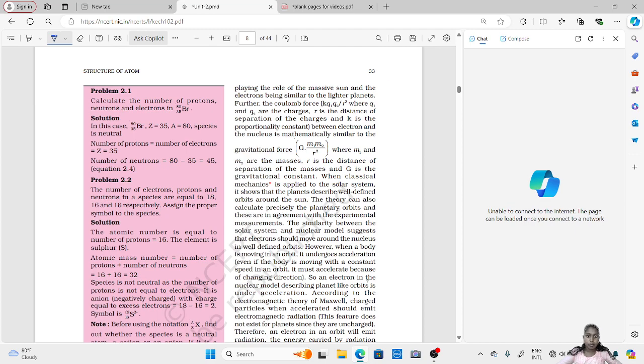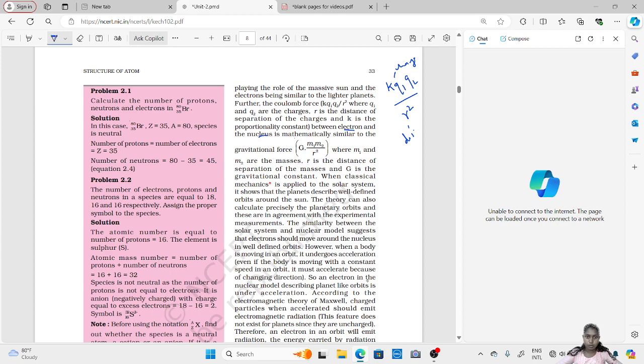This is the force between the electrons and the nucleus. Mathematically, it is similar to the gravitational force.